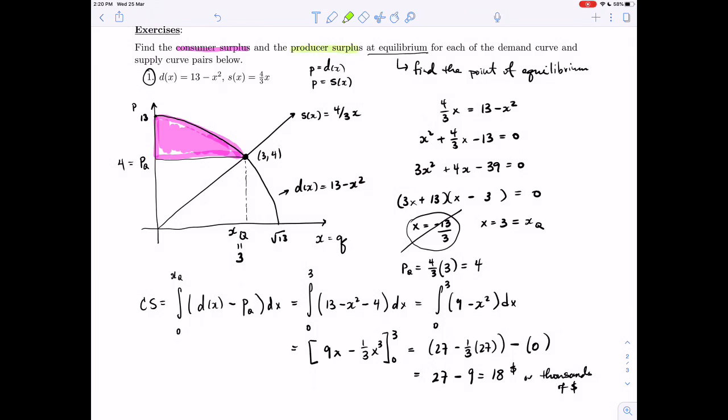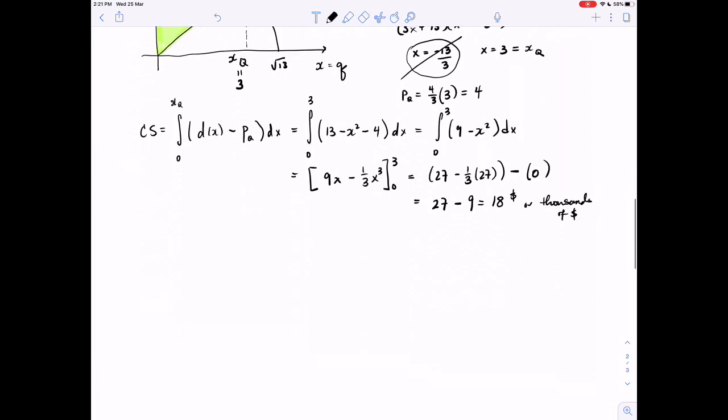The producer surplus can also be interpreted as an area of here. This region, which is the region below the equilibrium price and above the supply curve.